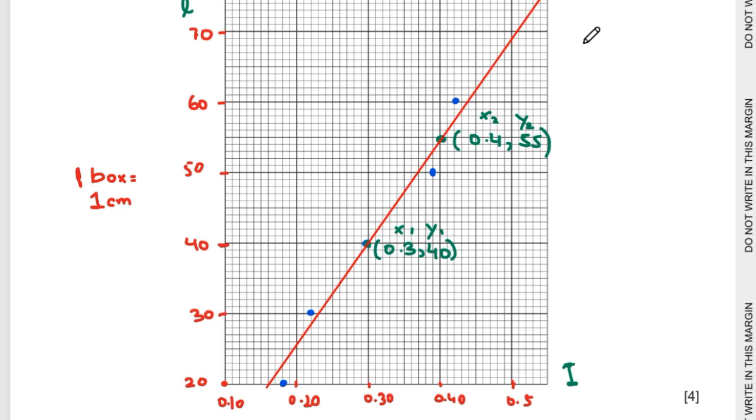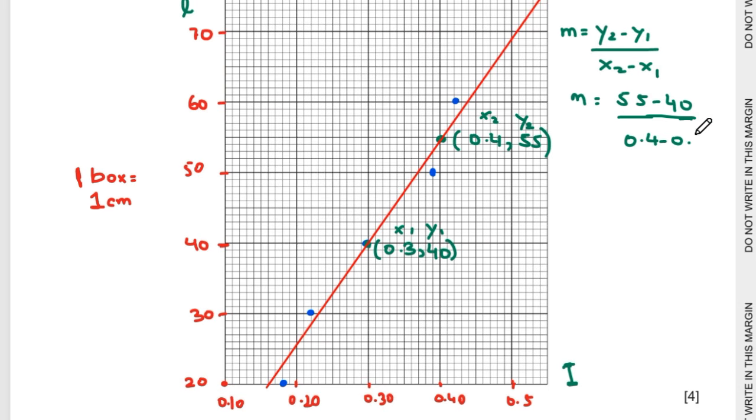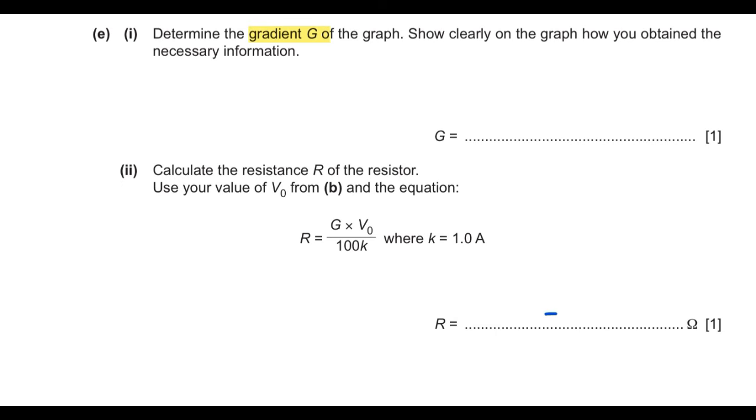The formula to calculate the gradient is y2 minus y1 over x2 minus x1. Y2 is 55, y1 is 40, x2 is 0.4 and x1 is 0.3. Doing the calculation, my gradient would be 150. I am putting the value of the gradient in the space provided. G is 150.